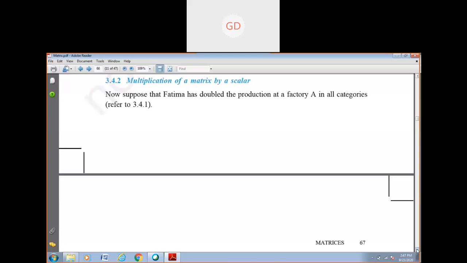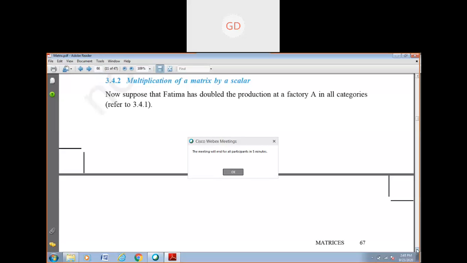Matrix multiplication means multiplication between two matrices, and scalar matrix multiplication means a matrix and a scalar. That means one is a matrix and the other is a non-matrix. Whether it is possible or not between two such expressions, and how a matrix is multiplied by a scalar.